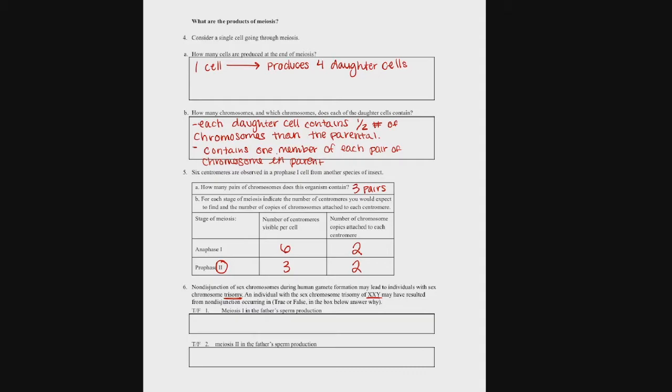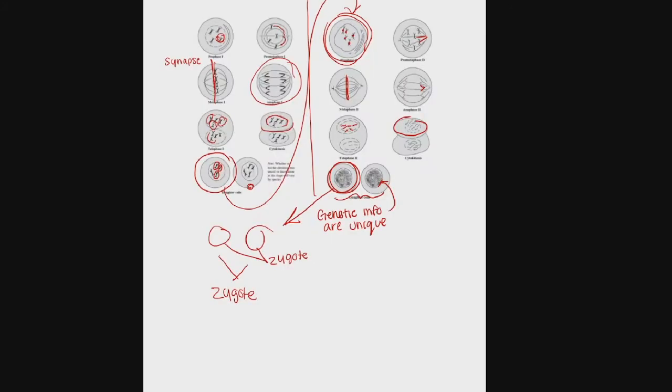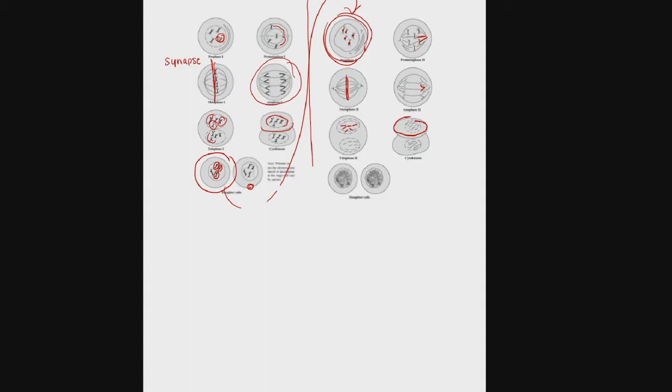Yeah, so it is true. So if we're looking back at Meiosis One, the sperm production will result in some gametes with both X and Y, and then maybe some with neither an X or a Y. So I'll just erase some of this so that we can draw this question out a little bit more clearly. So if 4 cells are produced, oh, wait a minute, I'm so sorry.